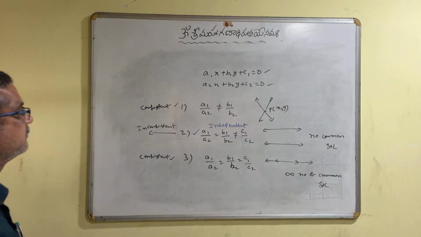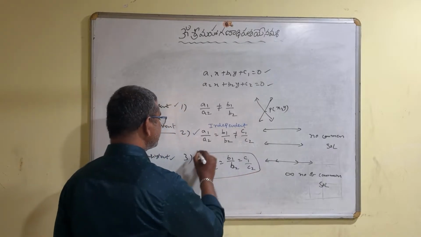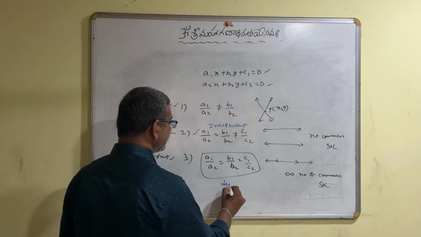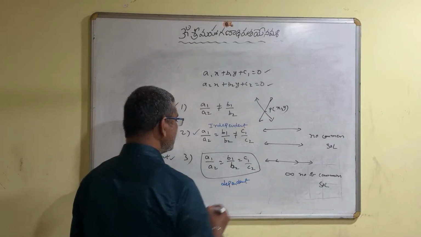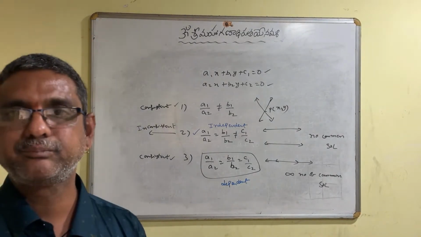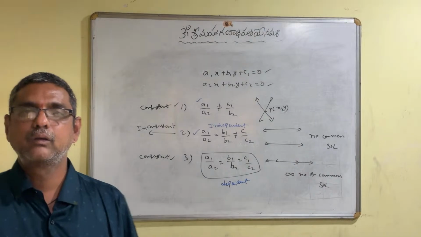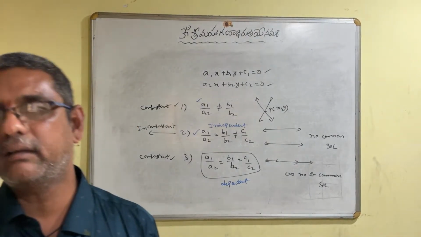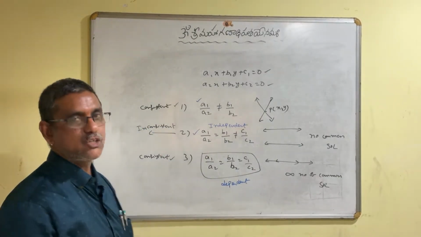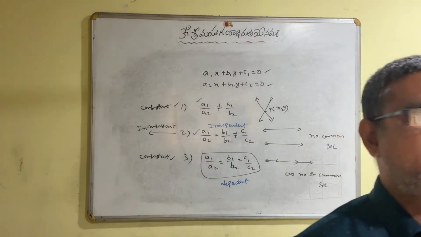And this, if any pair satisfies this condition, we can say that they are a dependent pair of equations. Now, what about this one? You cannot say that the pair is totally dependent, but they are dependent at only one point.